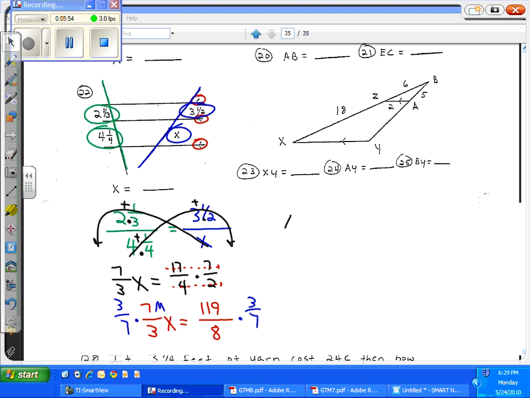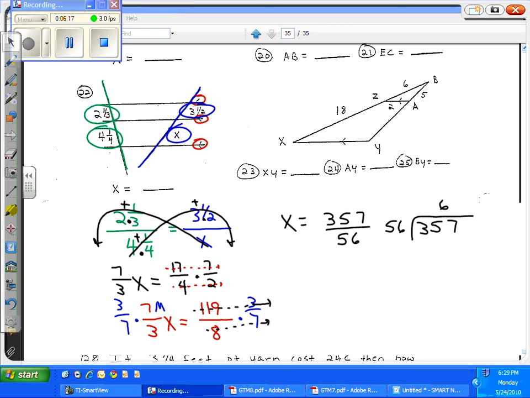And so that's going to give us x is equal to 119 times 3 is 357 over 8 times 7 is 56. So we'll get 357 divided by 56.